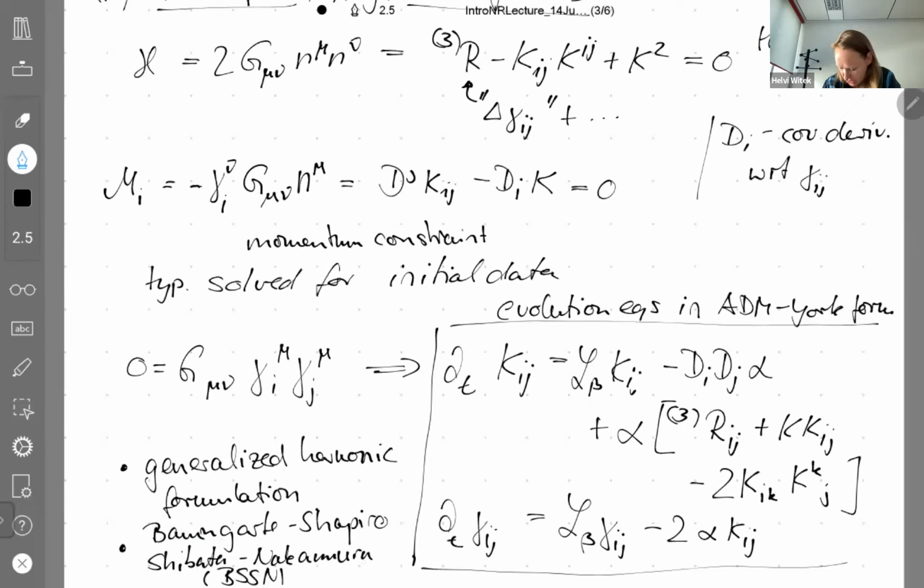And this is a reformulation from 95, 99, where you add the constraints in a specific way to change the character of your equations. And kind of in between those two is a formulation that is called Z4, and there are different incarnations of that reformulation. In the Einstein Toolkit, we have both this BSSN formulation and the Z4 formulation.